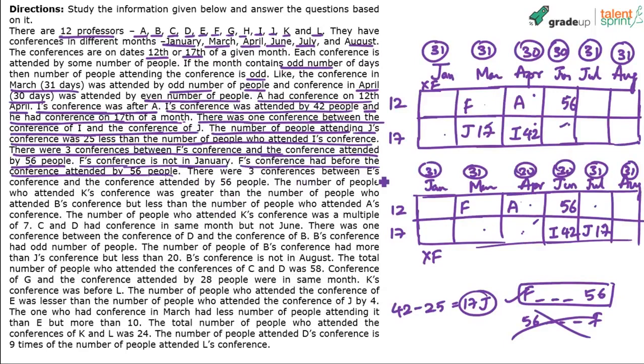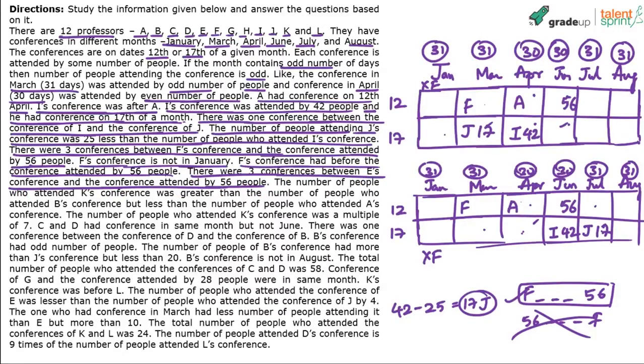Next, there were 3 conferences between E's conference and the conference attended by 56 people. Earlier, between F and 56 there were 3, and we know that F comes before 56. Now between E and 56 there are 3 conferences.